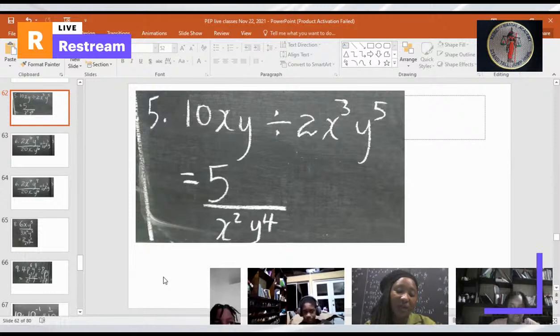Because it's to the negative power, it's the inverse. So there are two ways we could have written it. We can write it as it is now, or if we didn't want to write it as a fraction, we would put 5x to the -2, y to the -4.